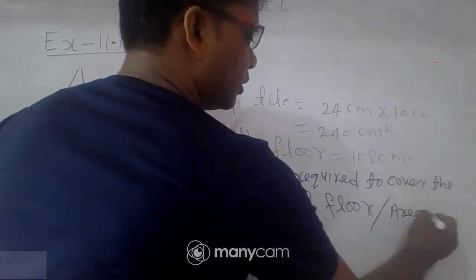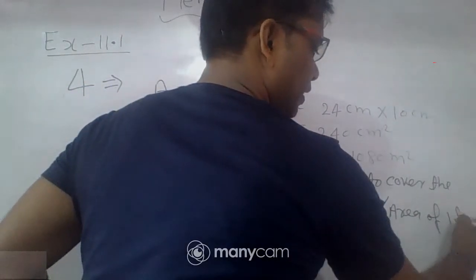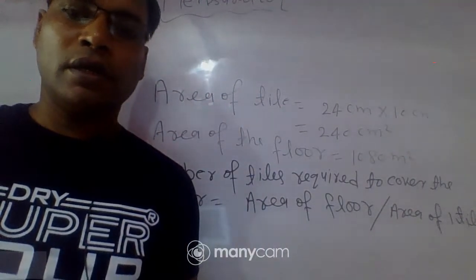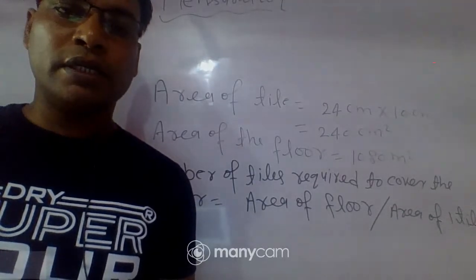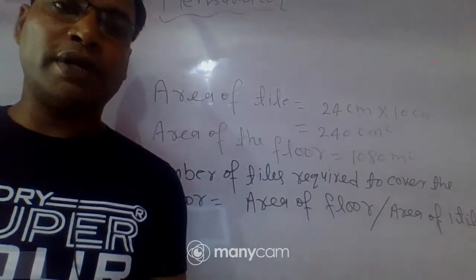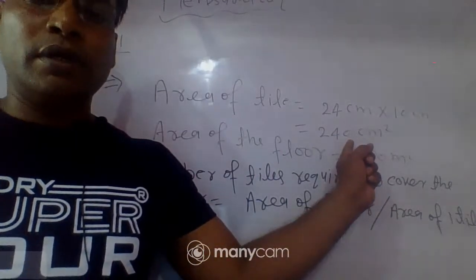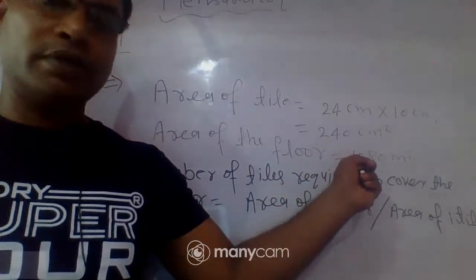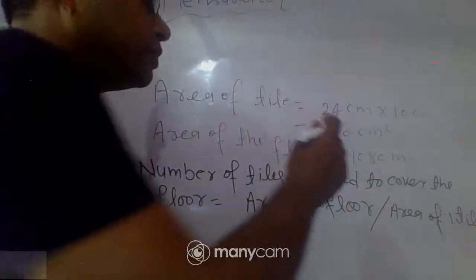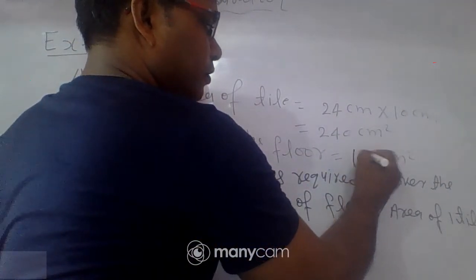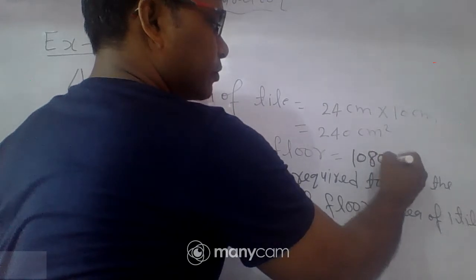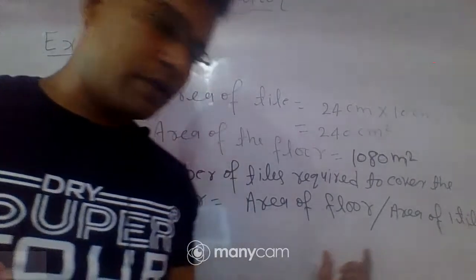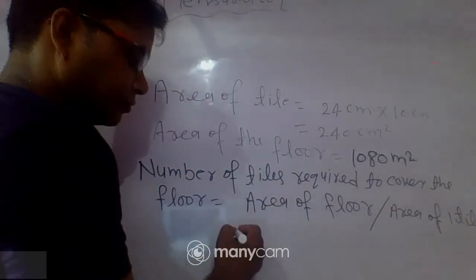Area of floor divided by area of one tile. Okay. So here, given the area of one tile, we find 240 centimeter square, and this is the given area of the floor, 1080 meter square. Clear?